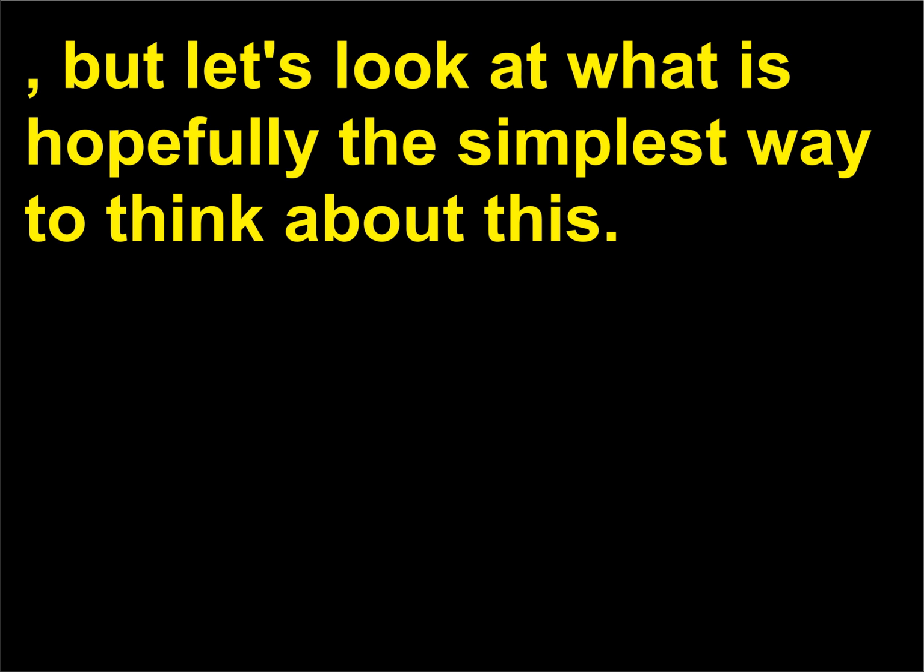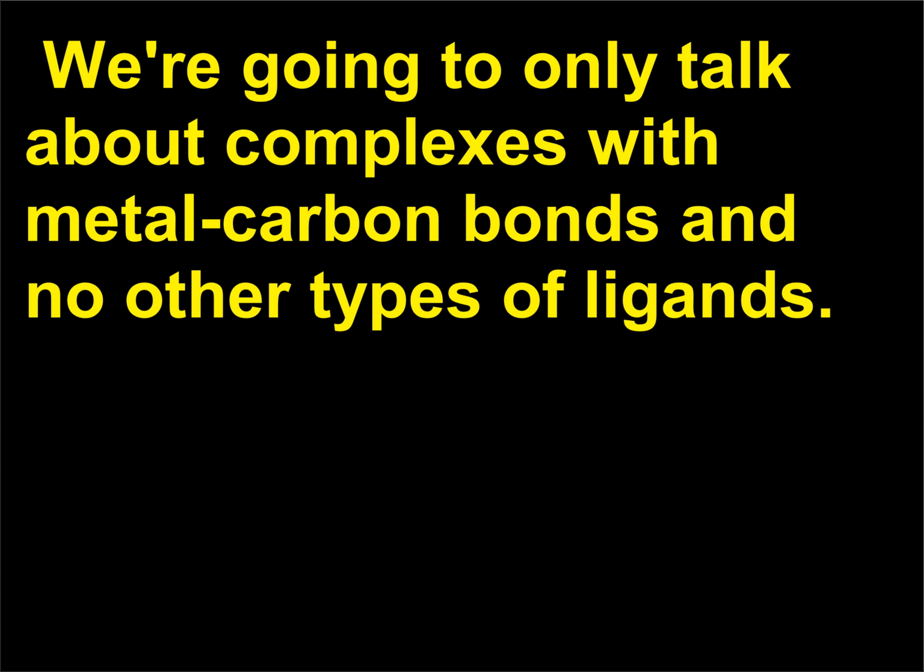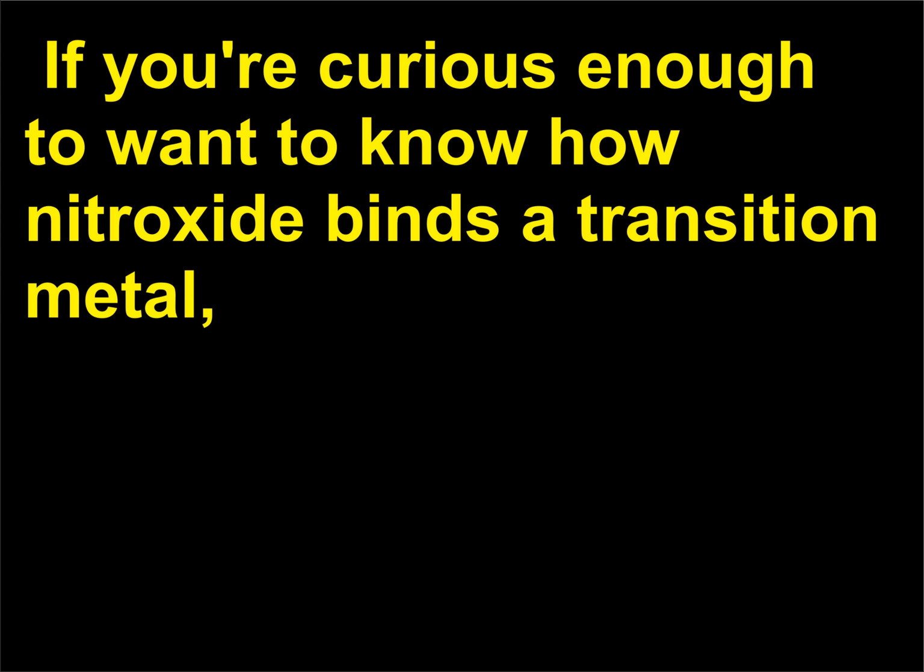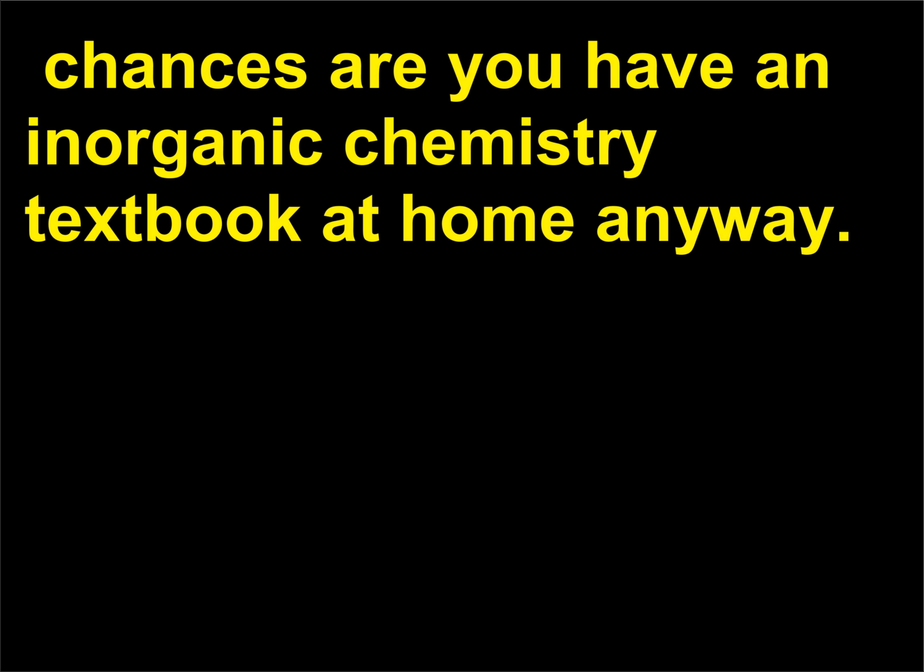But let's look at what is hopefully the simplest way to think about this. We're going to only talk about complexes with metal-carbon bonds and no other types of ligands. If you're curious enough to want to know how nitroxide binds a transition metal, chances are you have an inorganic chemistry textbook at home anyway.